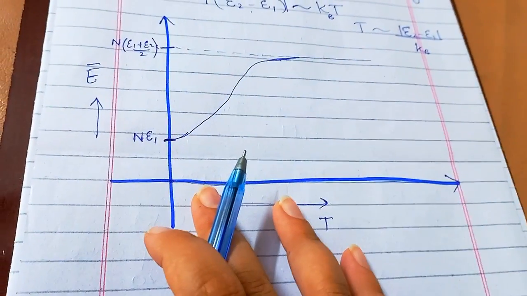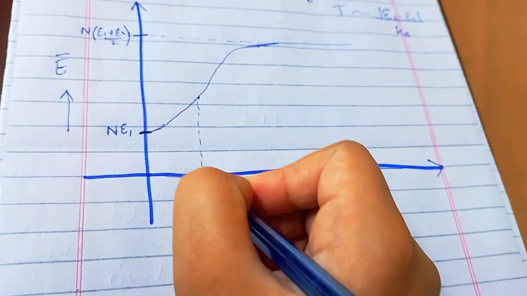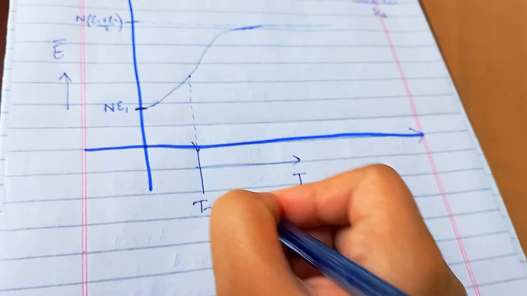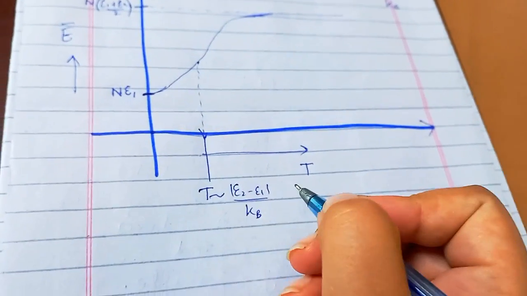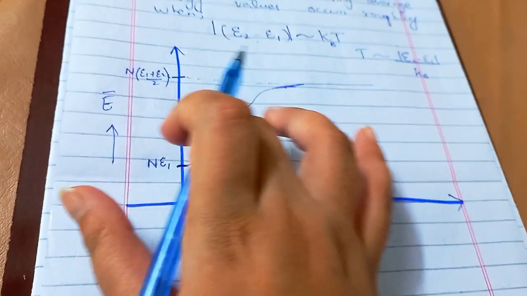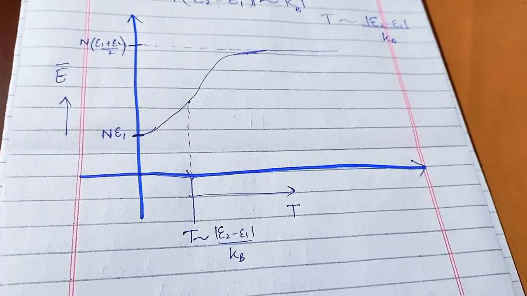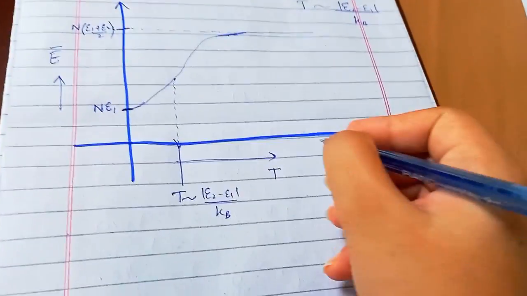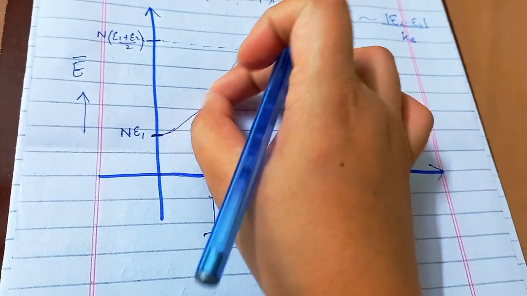This is the qualitative graph here for us, and roughly at this temperature, T equals E2 minus E1 by Kb, the transition is occurring. We can't determine the average energy at that point because we are not required to do that. We just need to mention these 3 points, and the graph was needed. This is the higher temperature limit, this is the lower temperature limit, and this is the middle region. All right, so this was the plot 1.